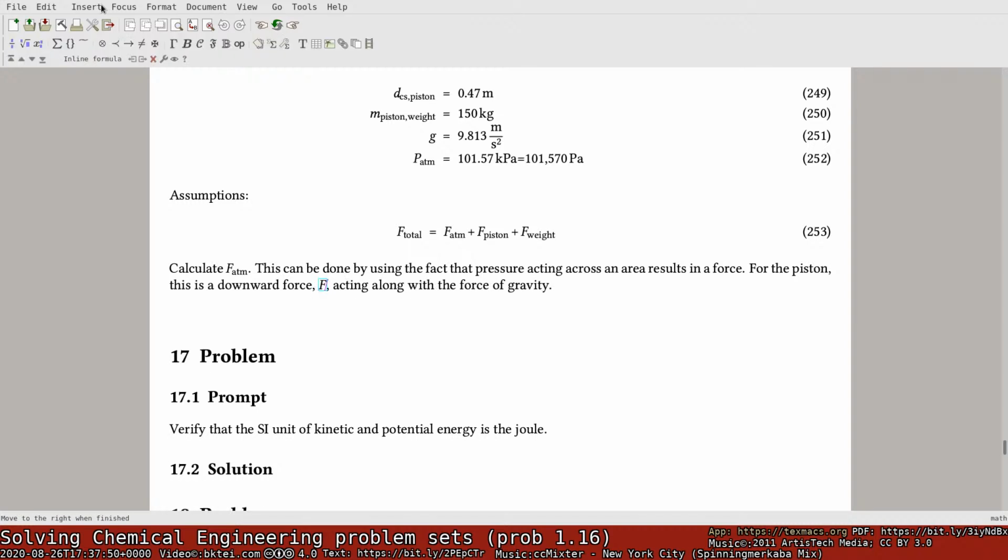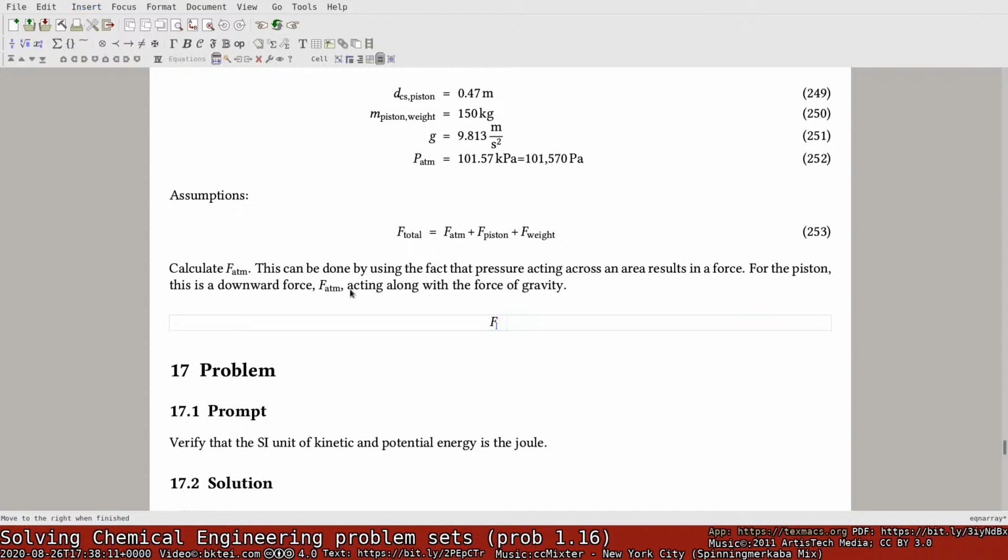Okay. I'm not going to get fancy with vectors as in physics because this is not asking for that kind of thing. Force of gravity. Okay. So let's just list an equation then. FATM is equal to a pressure times an area.